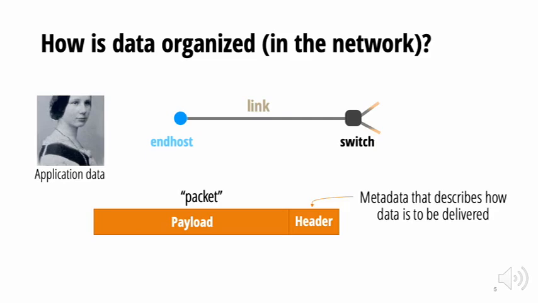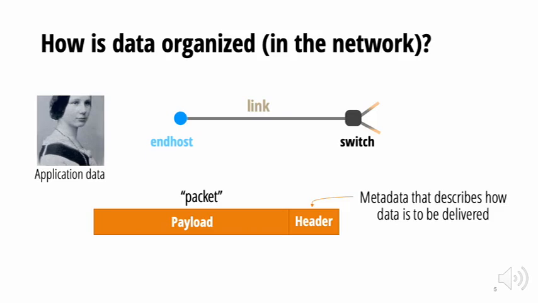So let's say the end host wants to send this image over the internet. The first thing it's going to do is construct what we call a packet. A packet is a unit of data that gets transferred across the internet. And maybe we take just a portion of that image and put those bits into this packet.